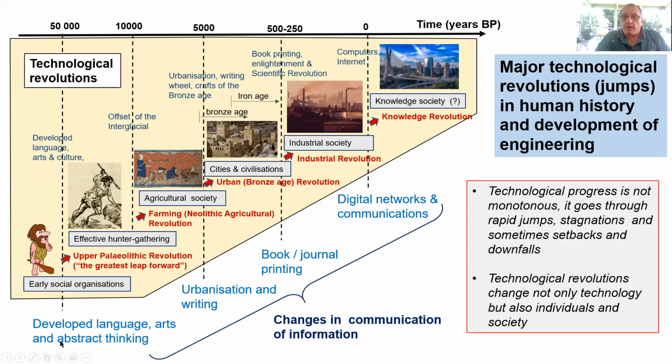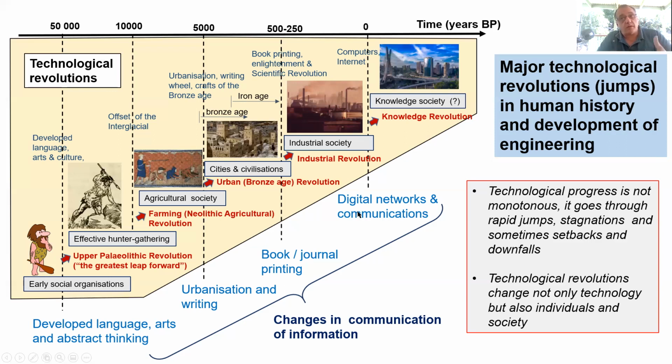These are the emergence of developed language, arts and abstract thinking around 50,000 years ago, then urbanization, when people start to communicate in relatively large cities, and the emergence of writing, printing of books and journals, and finally, of course, the internet, which completely changed the way we communicate with each other.